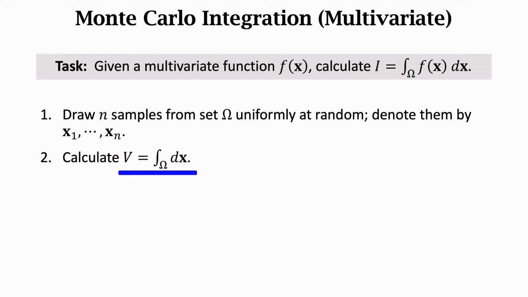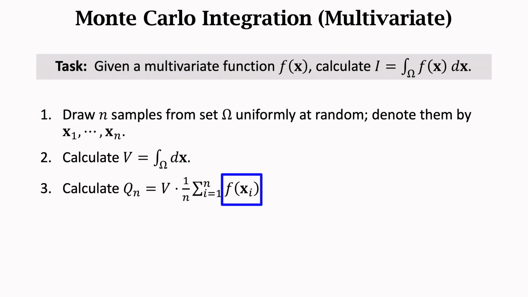In general, it takes another definite integral for calculating the volume, which is as hard as the original problem. We must avoid calculating the integral. We can make the set omega a simple shape, such as a cube or a ball, so that the volume can be easily found.